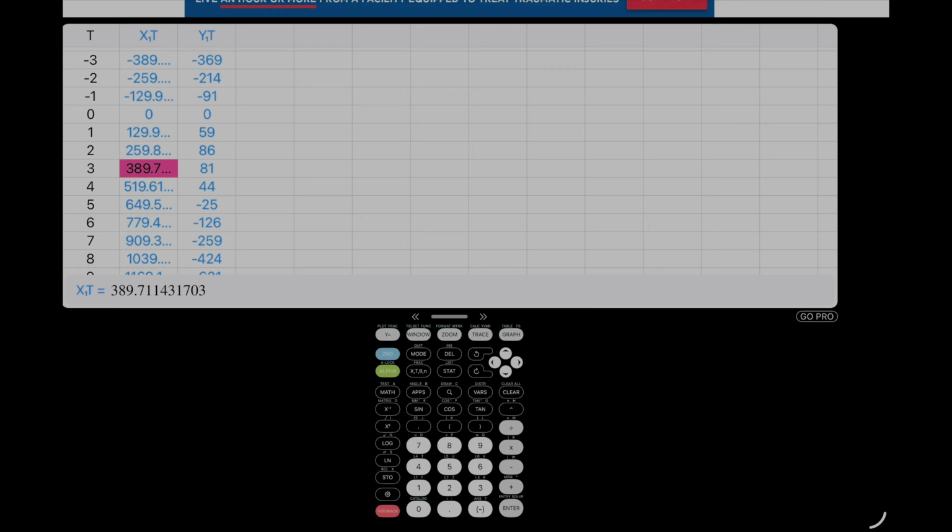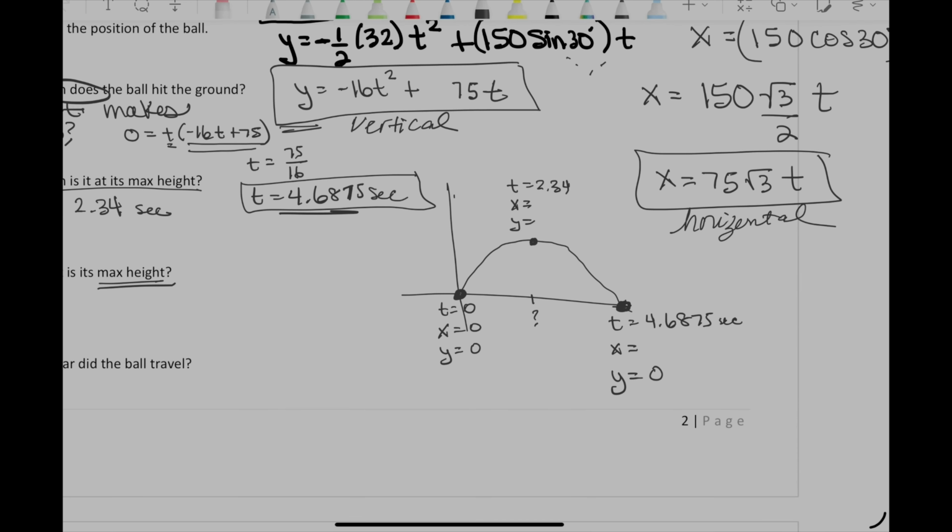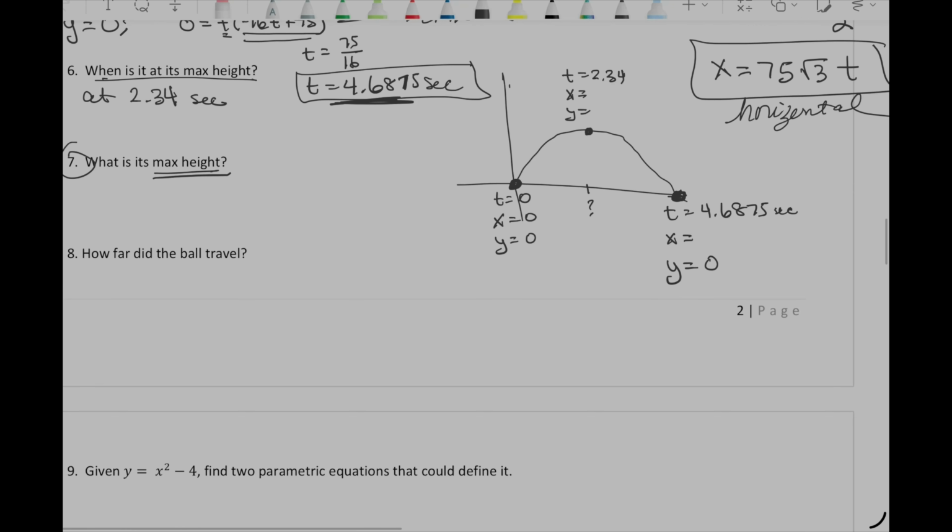So these are both labels in feet, okay? The interesting one here is that somewhere between 4 and 5 is where the vertical height hits 0, which we kind of knew already because of the equation, that's where it comes down and hits the ground, okay?